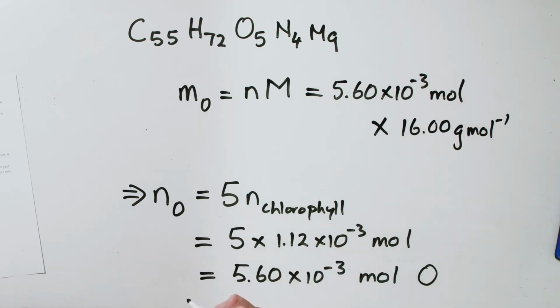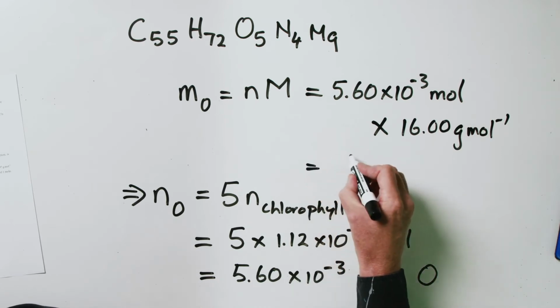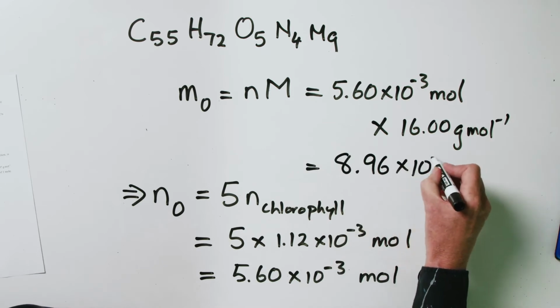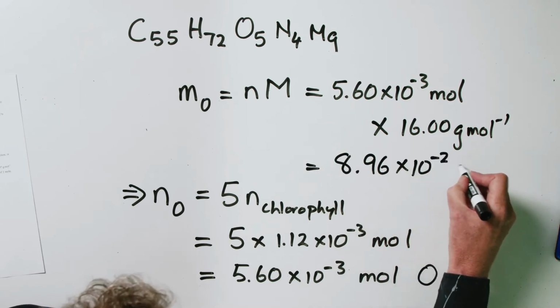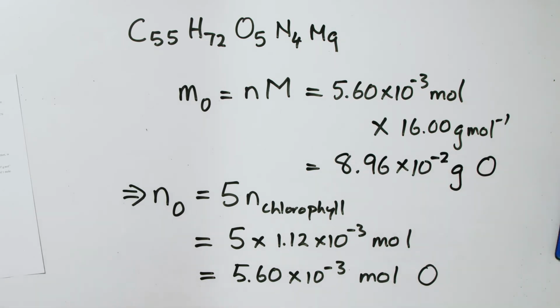That's your molar mass of oxygen, and that comes out at 8.96 times 10 to the minus 2 grams of oxygen. Okay? And there's your final answer for that one there.